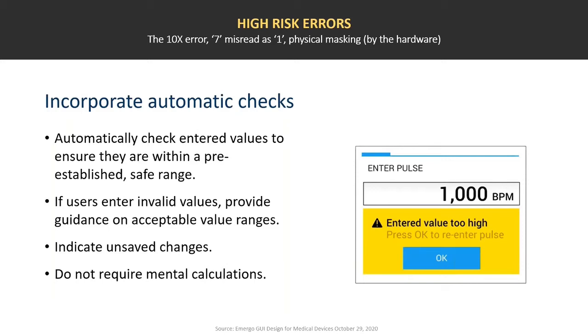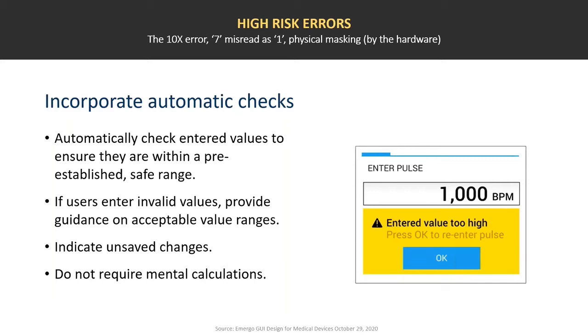With particular fonts, the letter 7 can be misread as a 1 with terrible results. There can be physical masking by the edge of the display. You've got to make sure that there's enough border between the physical hardware, the plastic enclosure, and where the display is mounted.